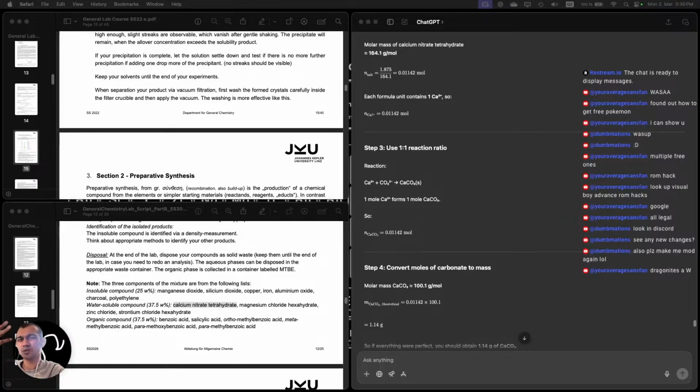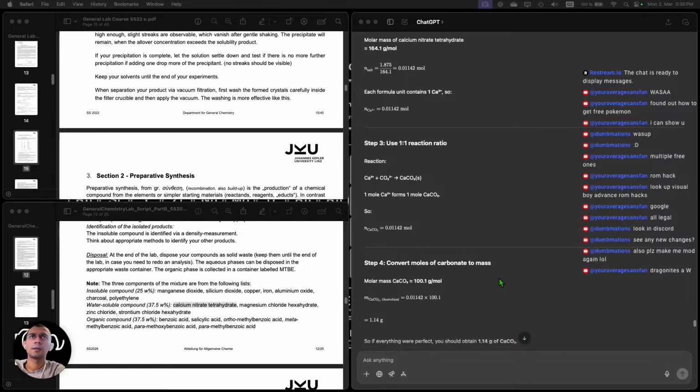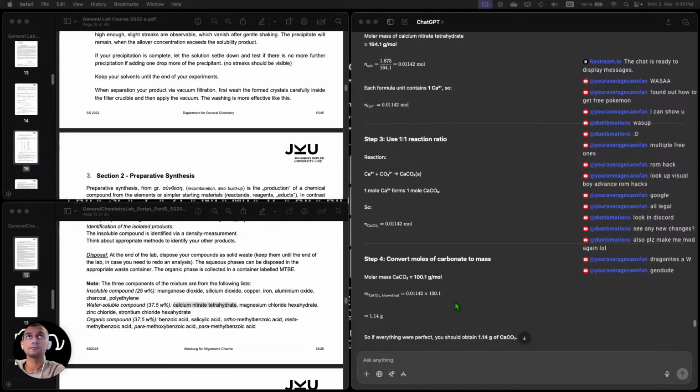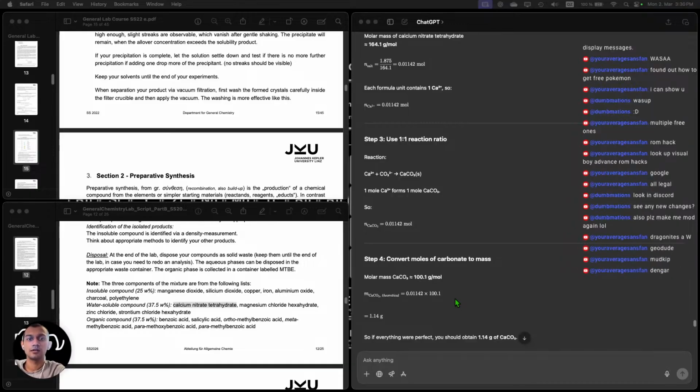There's a ghost one. I forgot the name of that. Pikachu, of course. Mudkip, Dengar. I don't think it's Mudkip.